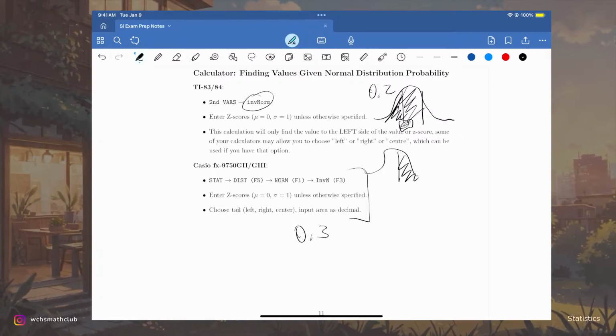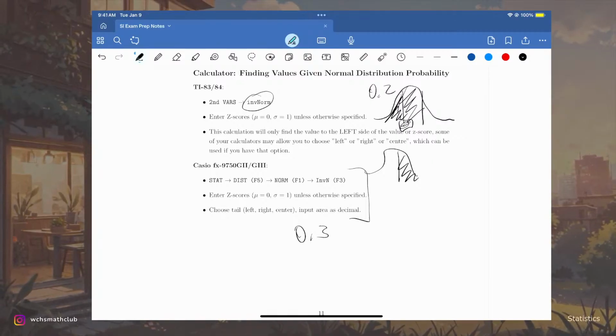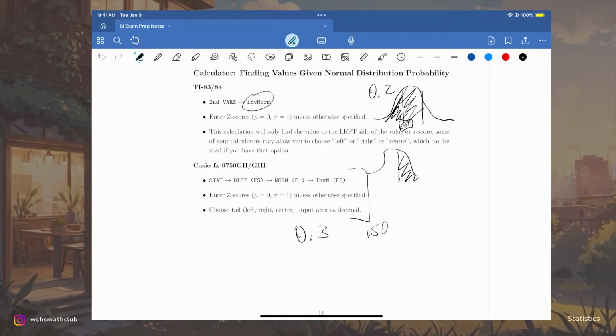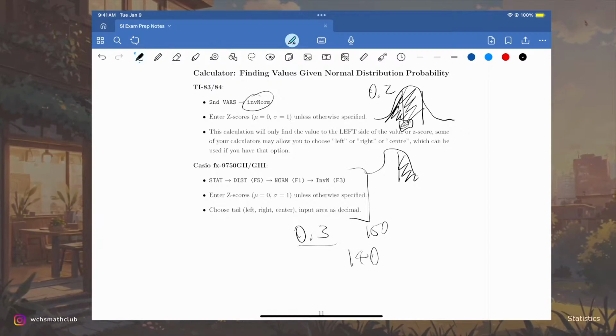And you have that the mean is, say, like 150. Let's say the mean is equal to 150, and then you have a probability that it being under like 140 is going to be equal to 0.3.